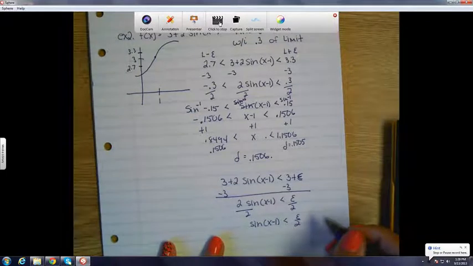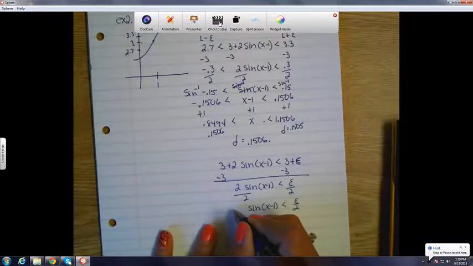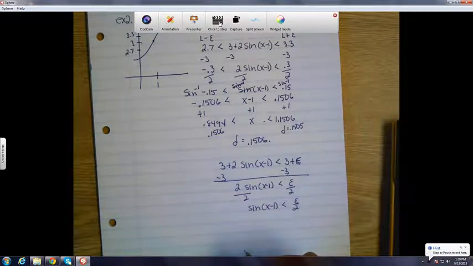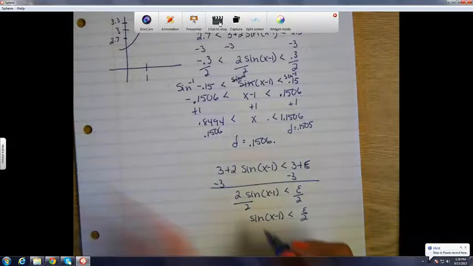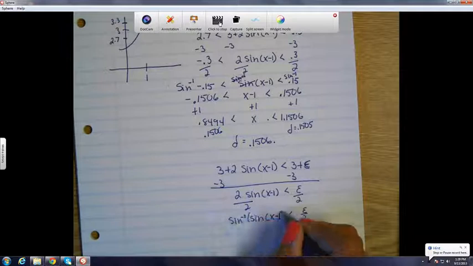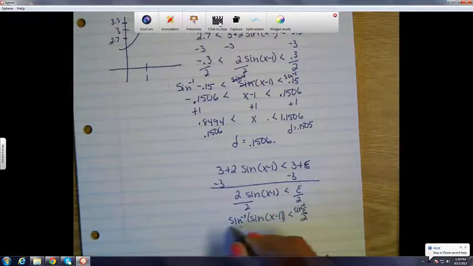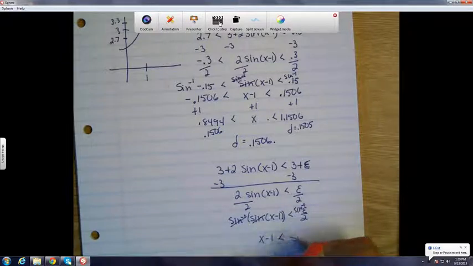At this point we did the inverse sine on both sides. So inverse sine, I'll make this a little bigger again. Inverse sine of all this, inverse sine of that, those cancel, x minus 1 is less than the inverse sine of epsilon over 2.